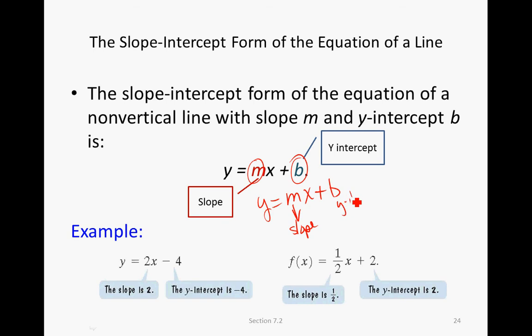B is always the y-intercept of the graph, or where it crosses the y-axis. So, y equals 2x minus 4. The slope is 2. The y-intercept is negative 4 because you've got to have that plus sign in there. The slope of the second one is 1/2. The y-intercept is positive 2.